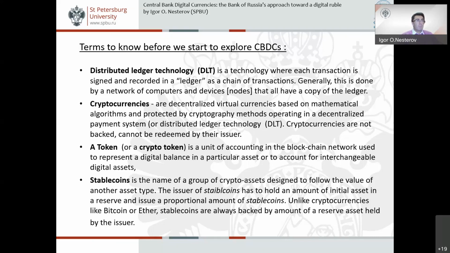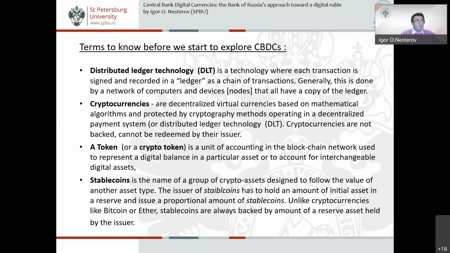According to the Central Bank of Russia, a token is a unit of account in the blockchain network used to present a digital balance in a particular asset or to account for interchangeable digital assets. So tokens are usually used to create derivatives based on distributed ledgers. In other words, a digital token or a crypto token is a unit of cryptocurrency.